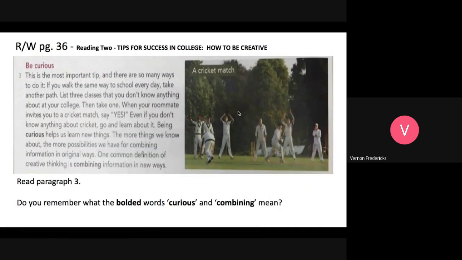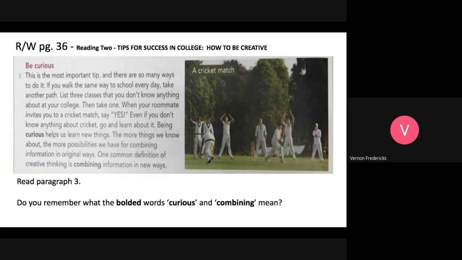Okay, number 1, be curious. Can you still remember, be curious, students? This is the most important tip. And there are so many ways to do it. If you walk the same way to school every day, take another path. List 3 classes that you don't know anything about at your college. Then take one.